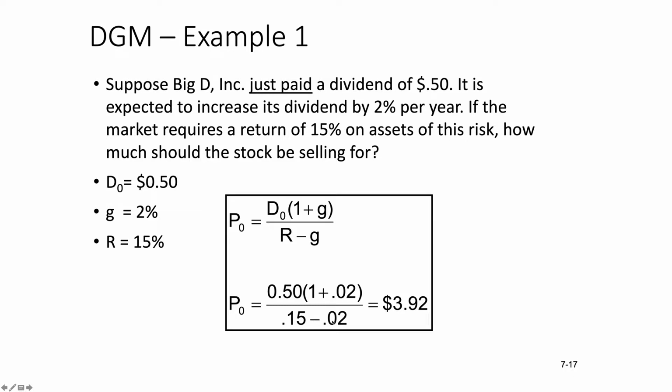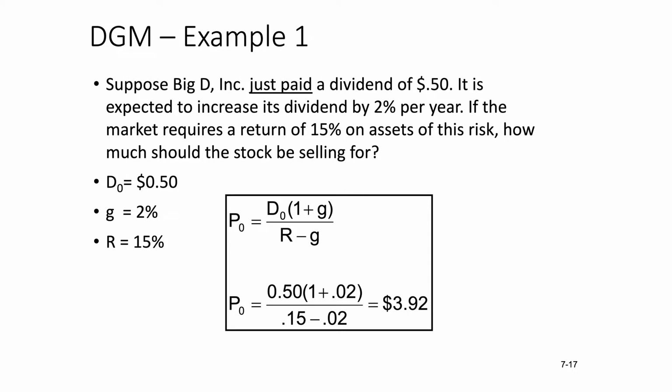Numerator divided by denominator. What is the present value, or the price today? P0 today is $3.92. In example 1, you are given the last dividend, so use dividend growth model 1.